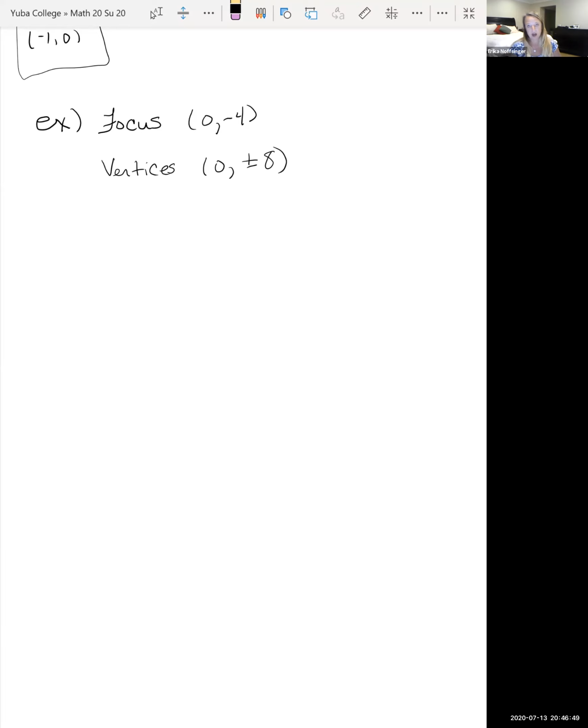Okay, so let's plot what they're given, and then let's determine which equation we're going to use for our ellipse. And so if we plot 0, -4, this is a focus. And then 0, +8, and -8.